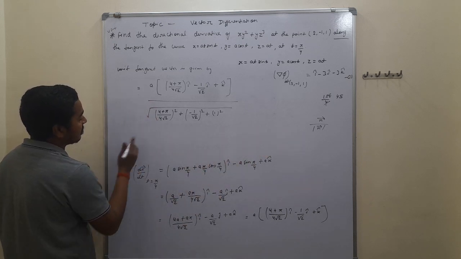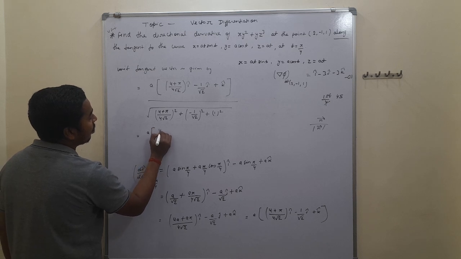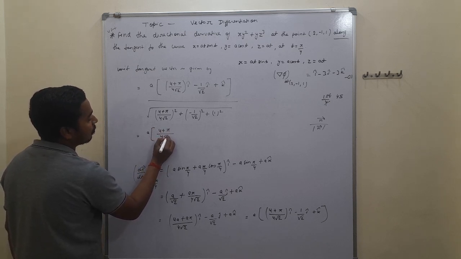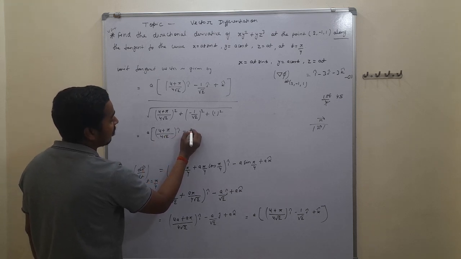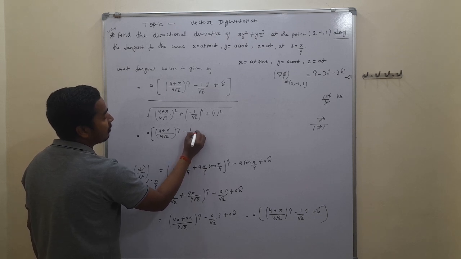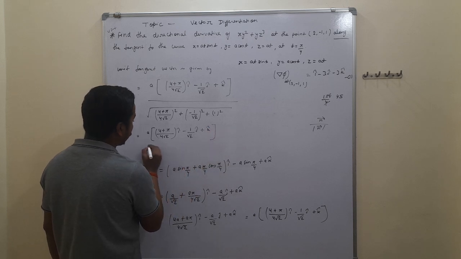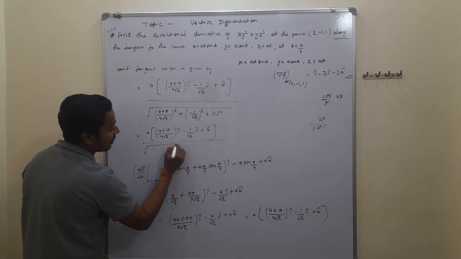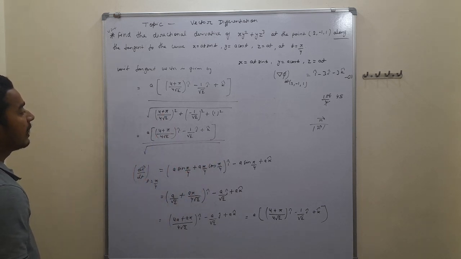On solving, this is given by a times (4 + π)/(4√2) i cap minus 1/√2 j cap and plus k cap. We have to solve in the square root. This gives (4 + π) whole square.